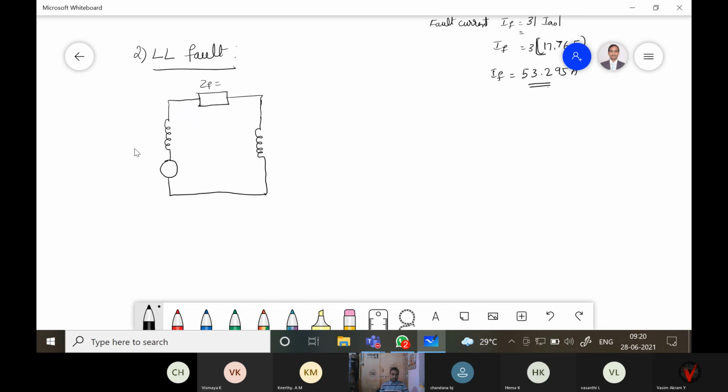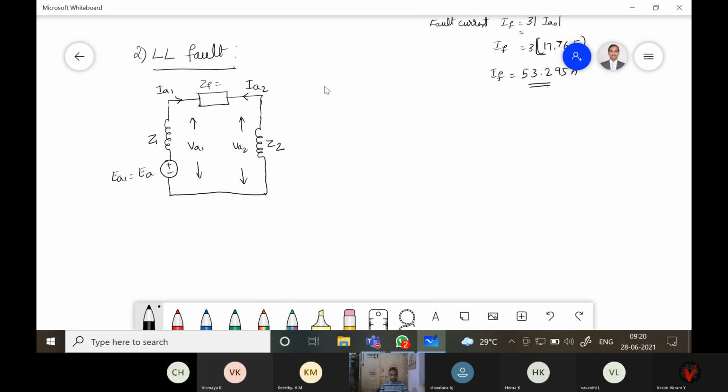So in this case this is EA1 equal to EA, this is Z1, and current IA1 flows in this direction, and current IA2 flows in the opposite direction, and this is Z2. The voltages across these two are similar, that is VA1 is equal to VA2 in this case.